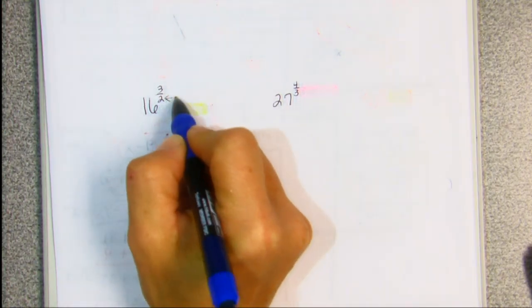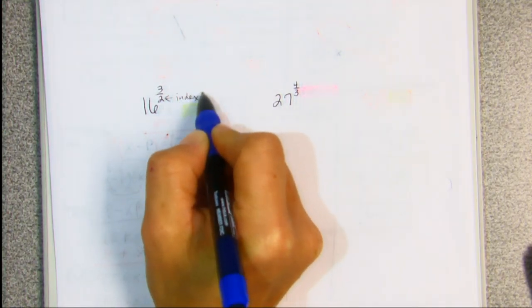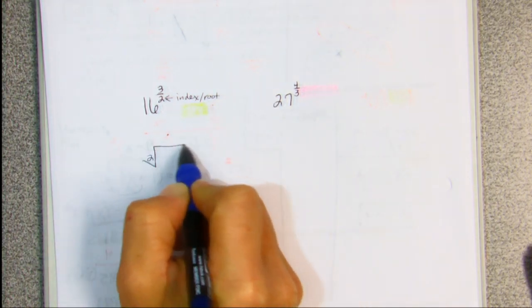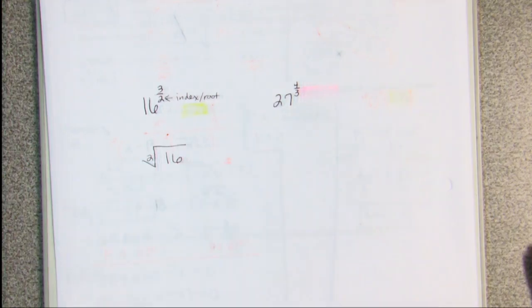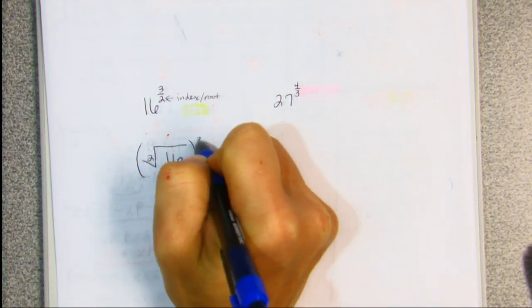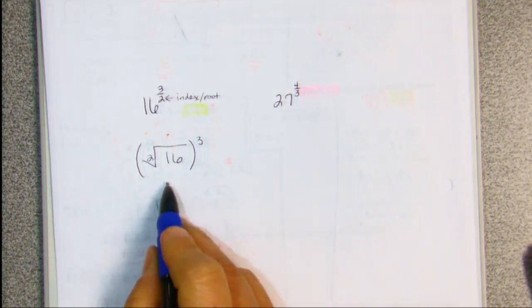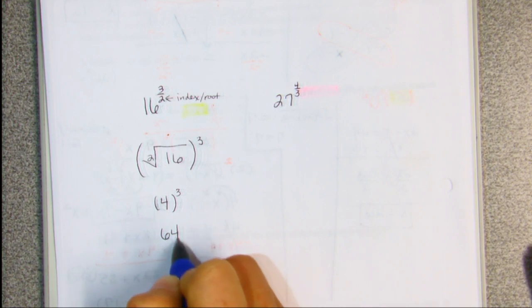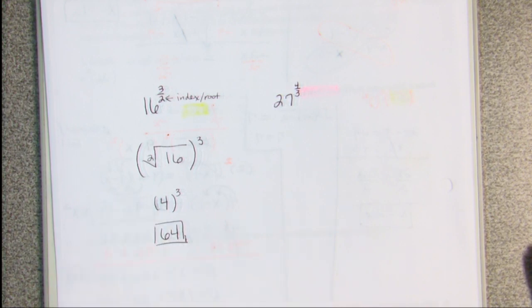So this number is your index or your root, whichever word you like to use. So it's like we're taking the square root of 16. I didn't have to put the 2 there, but I did just to emphasize it. And then you would raise it to the 3rd power. So the square root of 16 is 4, and when we cubed it, we got 64. So that's basically what your calculator did for you. And we do have to know that later.